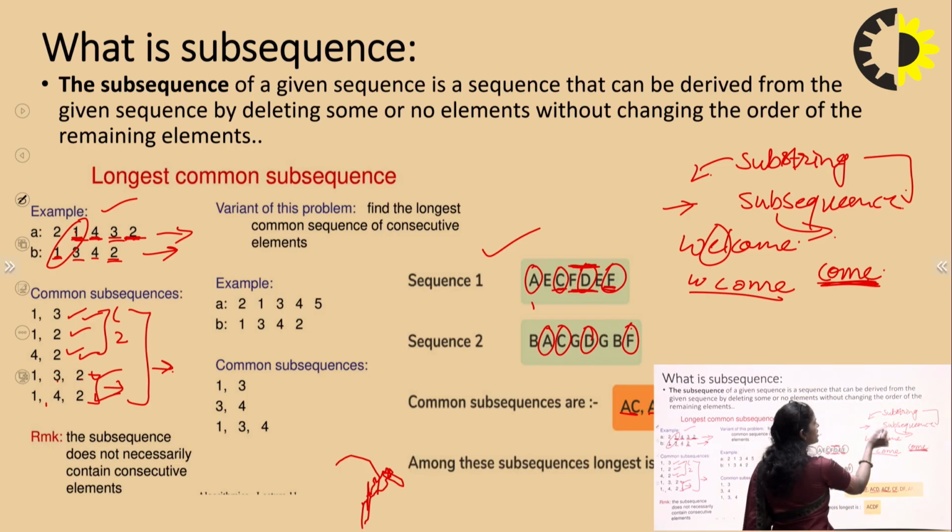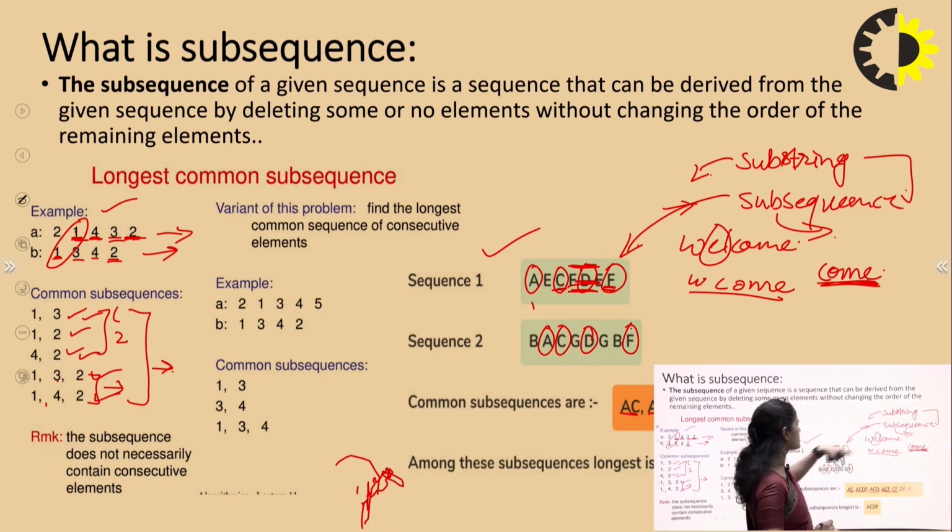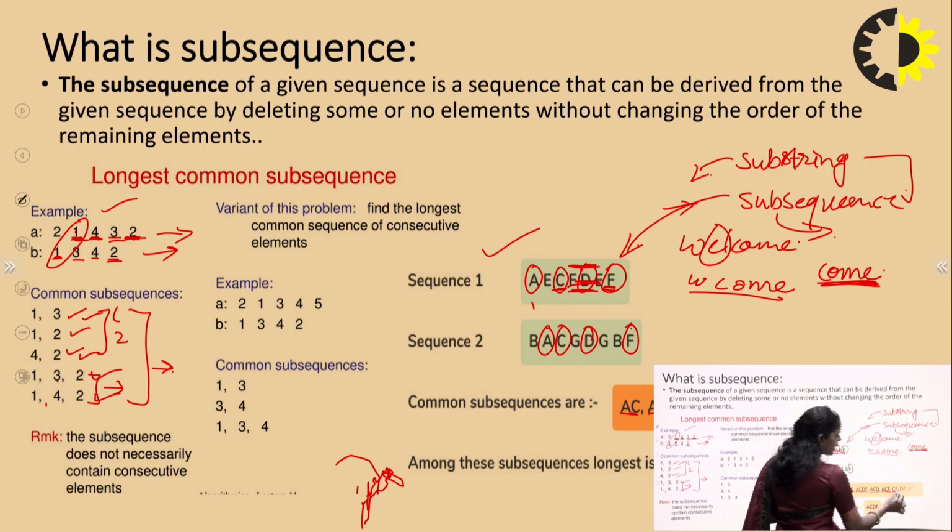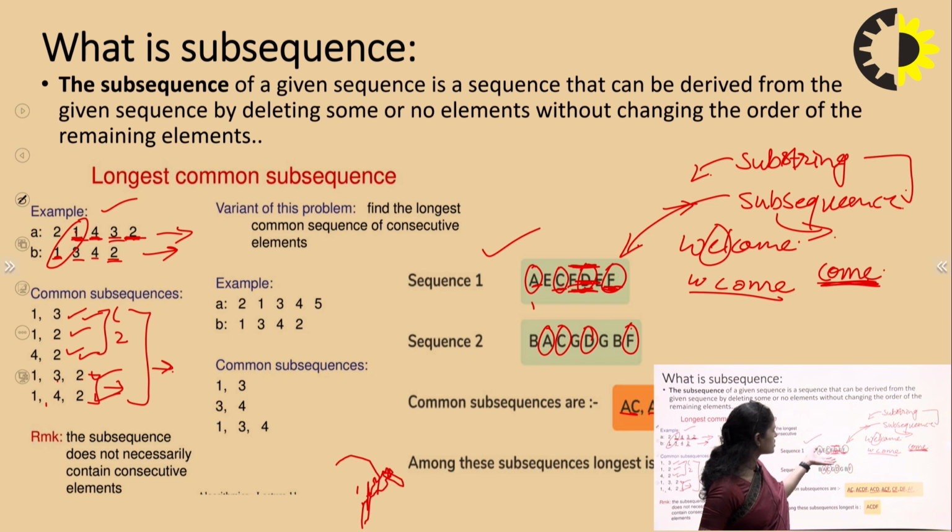As we told you, this is not the case in a substring. If we talk about a substring, we cannot skip these characters here, because a substring always is contained in a consecutive manner, but a subsequence is not necessarily. Next, DF is also a subsequence, and AF is also a common subsequence. There are multiple common subsequences, which depend on the size of string 1 and string 2.